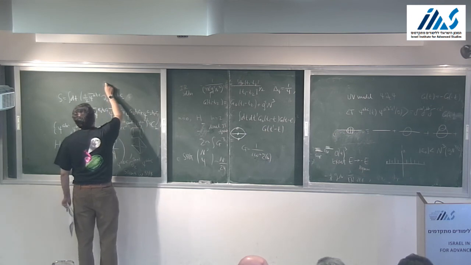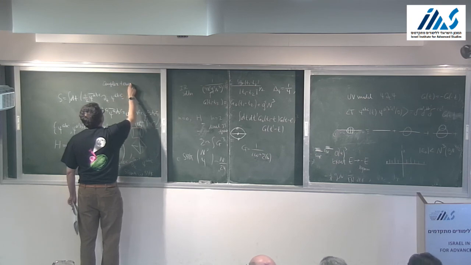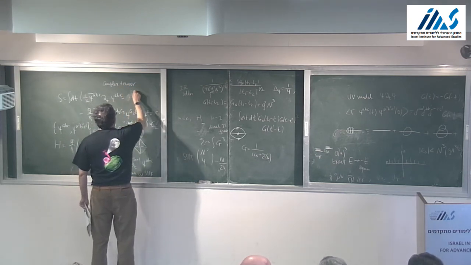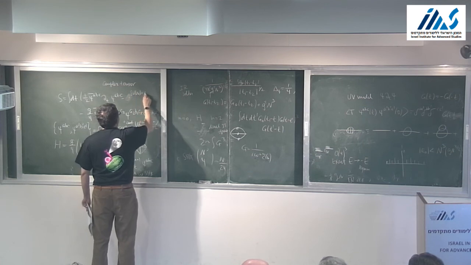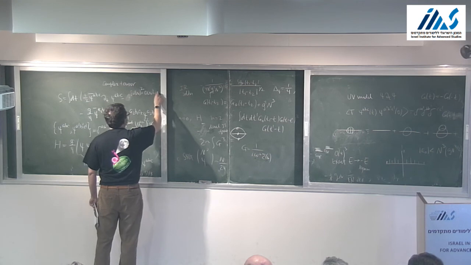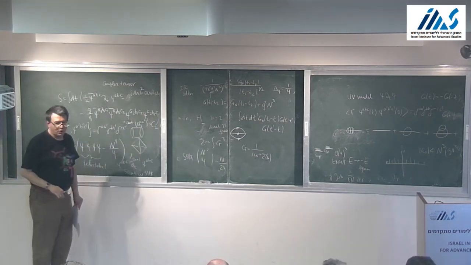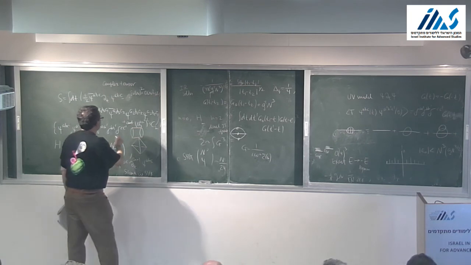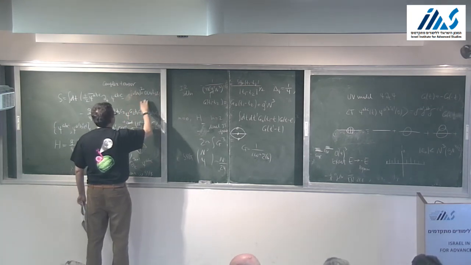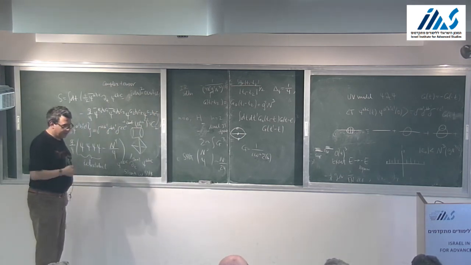So this complex tensor model has SU(N) cross O(N) cross SU(N) squared cross O(N) cross U(1), and U(1) is just the overall phase rotation. So this is the tensor counterpart of the complex SYK model that Subir was talking about.